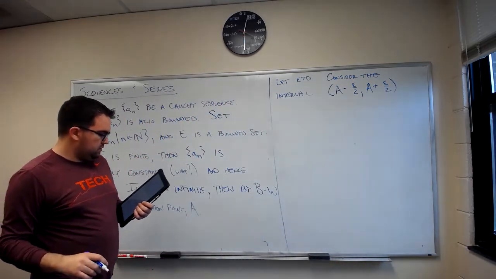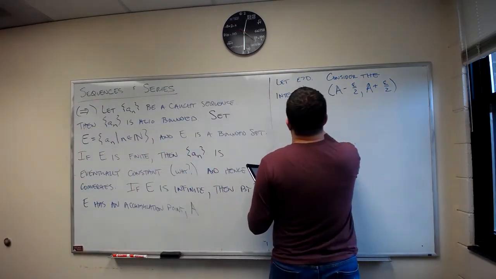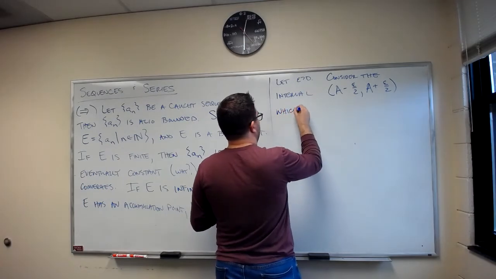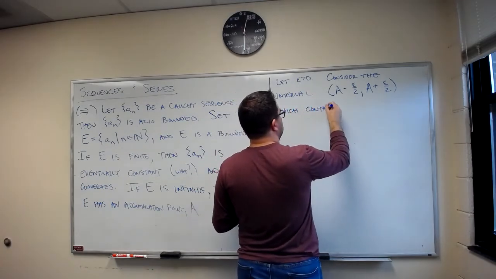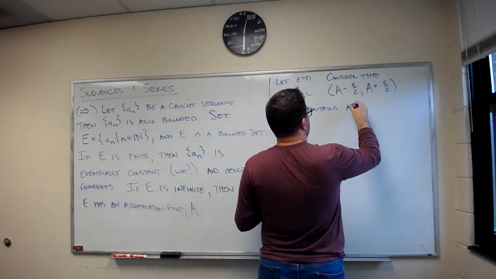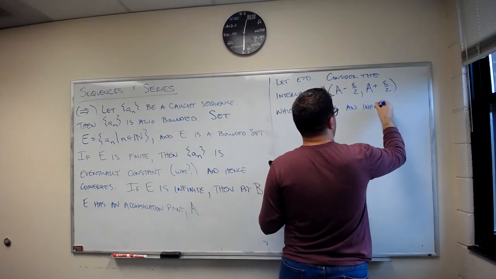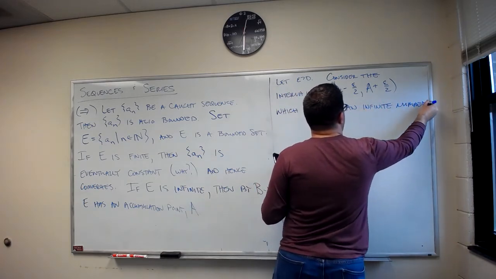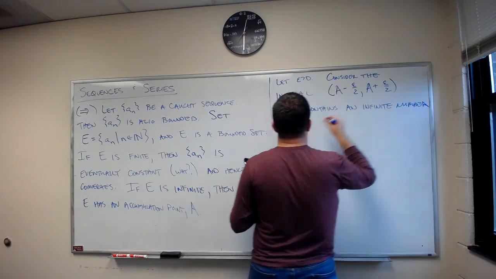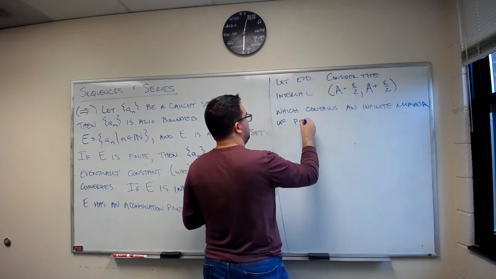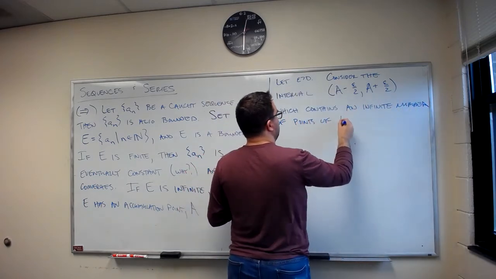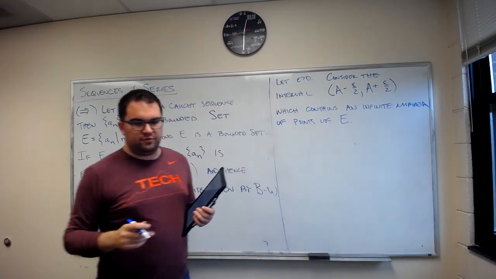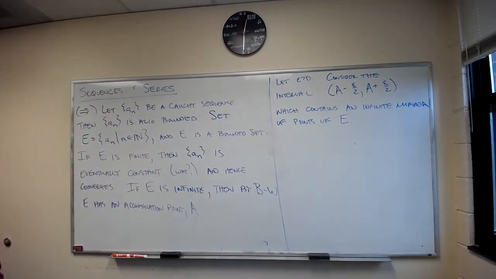Okay. And I'm going to make a claim here, which is that this interval contains an infinite number of points of E. And what the real claim here is that it must contain an infinite number of points.